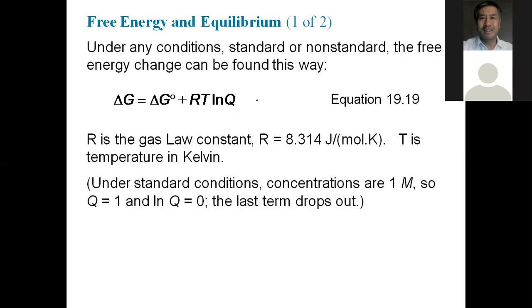At a standard condition, all the concentrations should be 1 molar, and any pressure should be 1 atm, so everything is 1. Therefore Q equals 1, and if Q equals 1, ln Q is 0. So you get delta G equals delta G naught. This equation is true for any conditions.